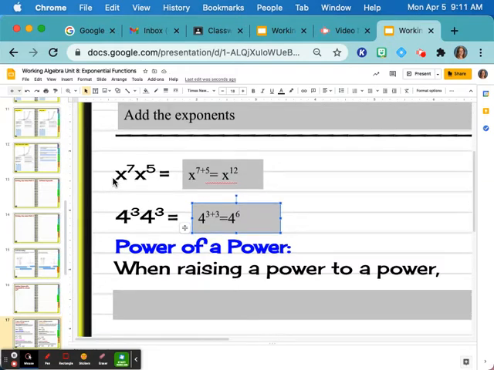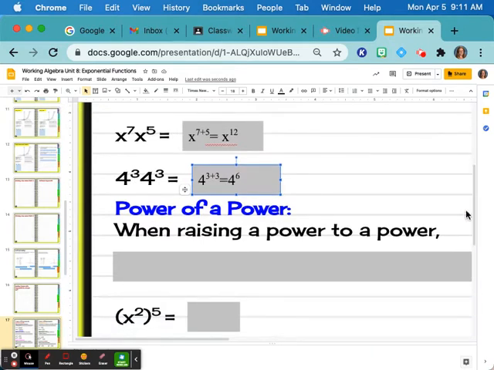So anytime you have like bases, so this is a base, x, this is a base, x, you add your exponents. They're like bases. And then the other one, we have the 4, then we add the exponents. We're going to leave it just as 4 to the 6th on this one.